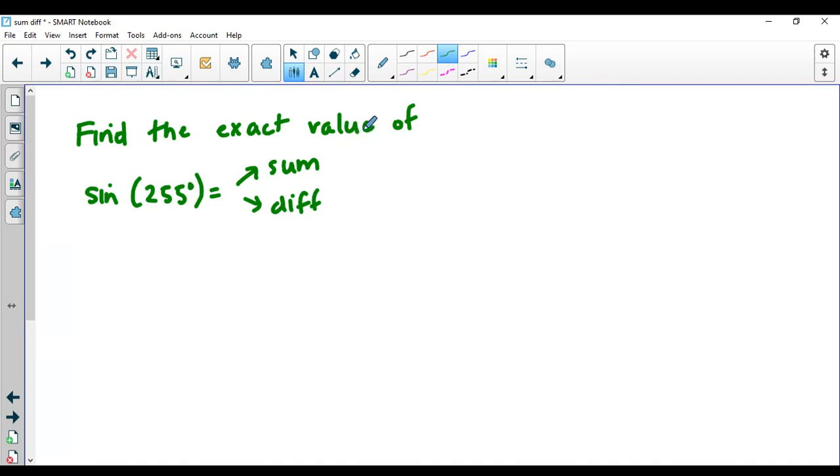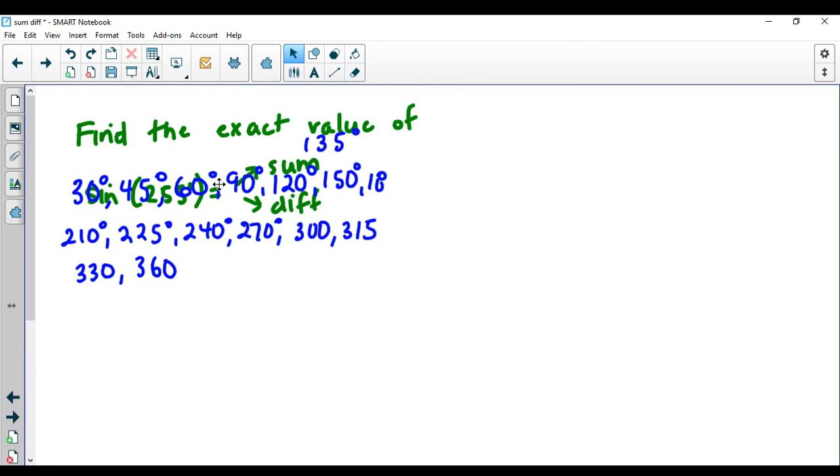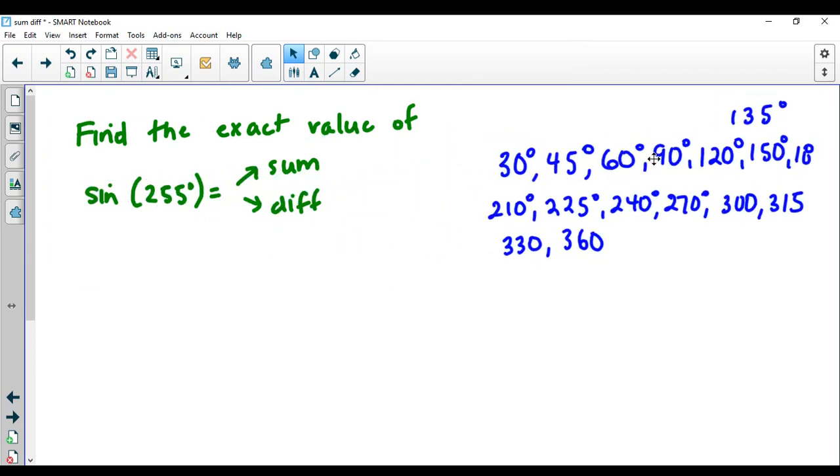Okay, so here, let me put my list back here so we can refer to it, right? You would have it on your circle. So I'll start at the beginning. 255 minus 30 is 225. So you can either do it as a sum. Okay, I won't go through all of them, but I just want to show you. That's one sum.